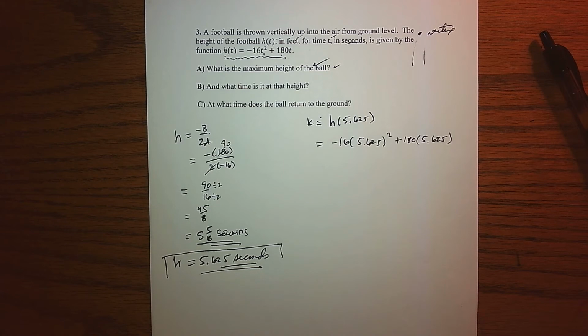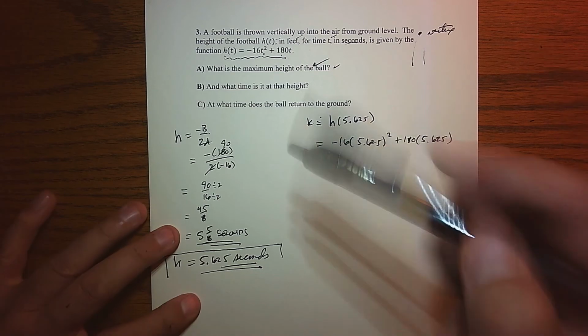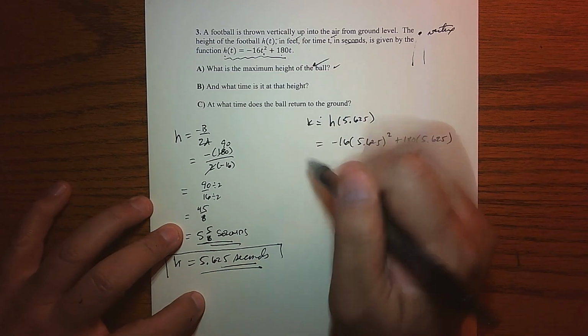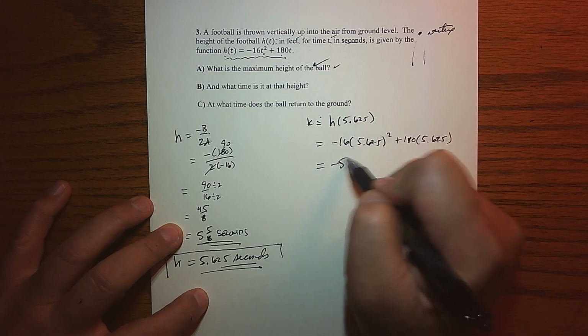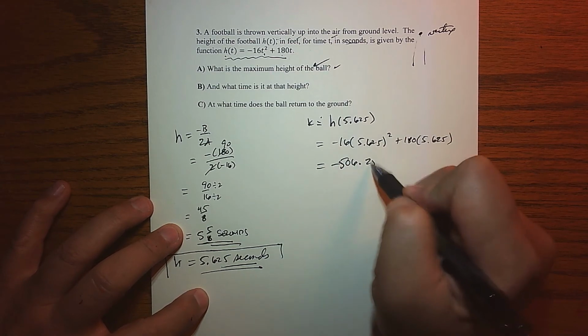I'm going to square 5.625, and then multiply that number by negative 16. And when I do the work here, this first number is a negative 506.25.